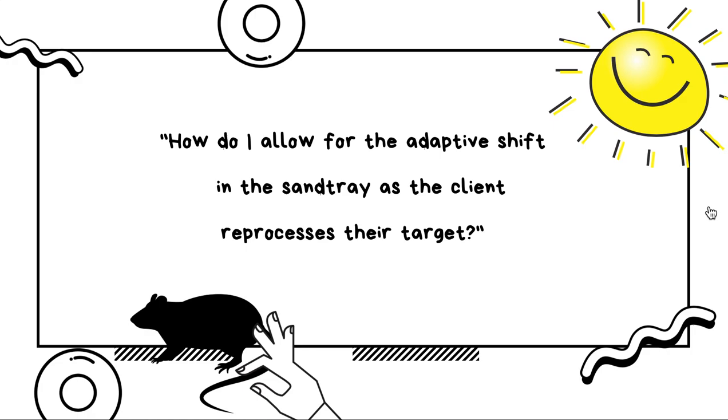Once you have that image there, you may think, okay, this is the image, and they're going to be looking at this throughout our whole session. No, as you start to see that adaptive shift, you can direct them to update their image and to make changes. I put the little graphic of someone picking up the rat and moving it into the sun.